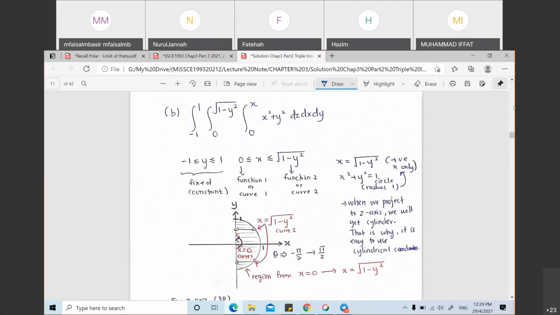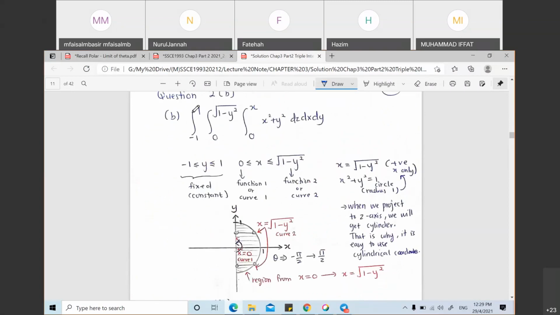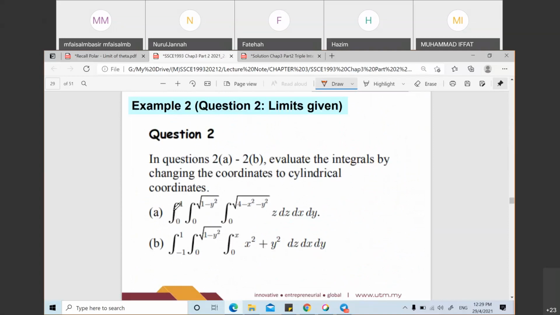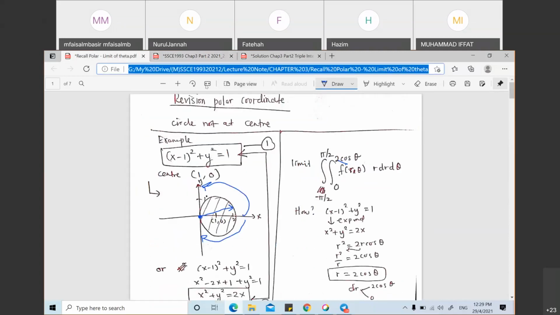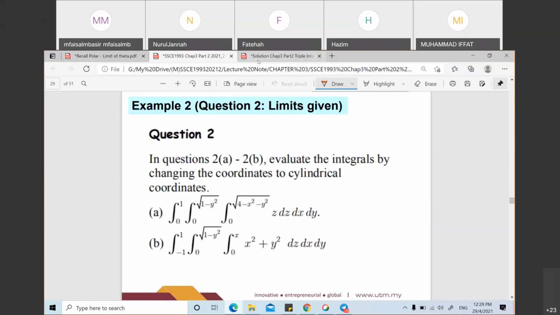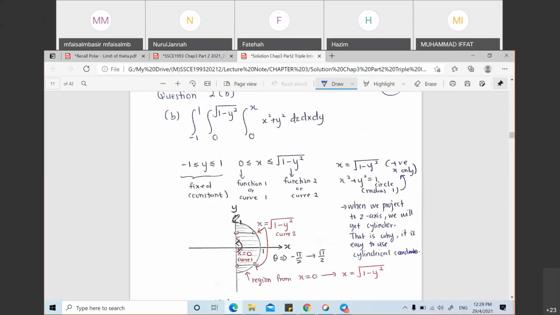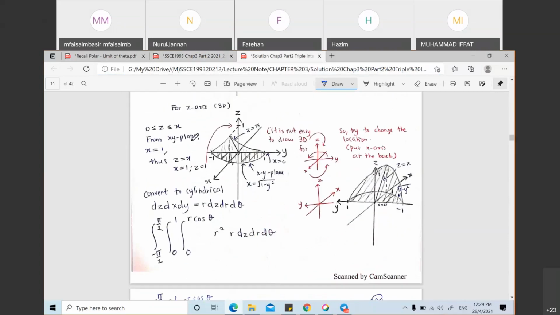And I want y to be negative 1 to 1 because they already fixed y from negative 1 to 1. So I have to draw it in negative 1 to 1. Yeah, like this.